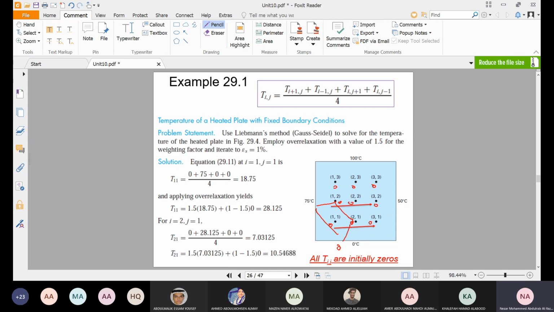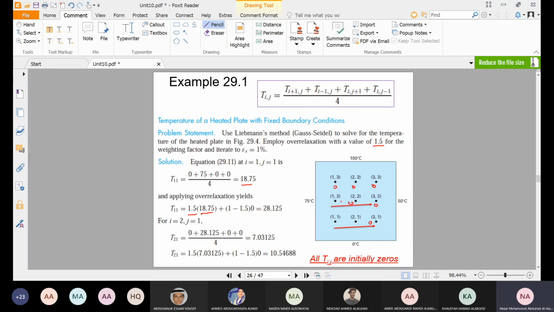After that, we go to the second node, but we need to update this value before we go to it, by using the over-relaxation method. Lambda in this question is given as 1.5. So we take lambda multiplied by the new value that we computed, 18.75, plus 1 minus lambda multiplied by the old value.